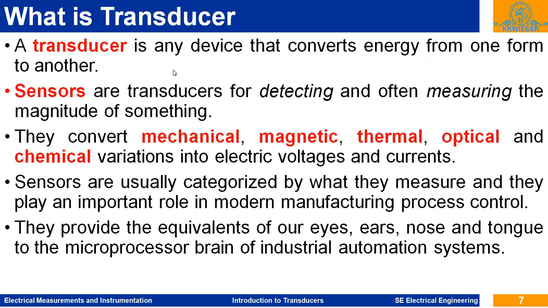Temperature is one form of energy, and this temperature is converted into another form that can be understood by the process, or that can be used in the process to compare with the set point. So we are comparing the same values, and based on that, the error signal is generated.